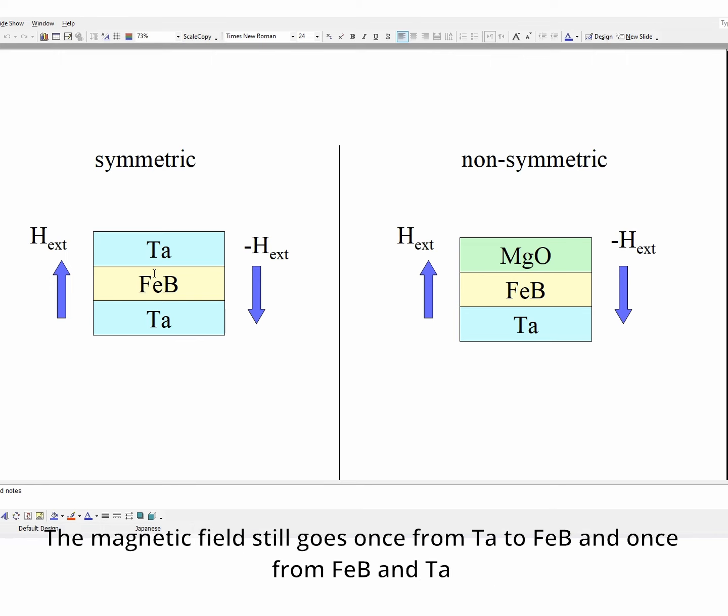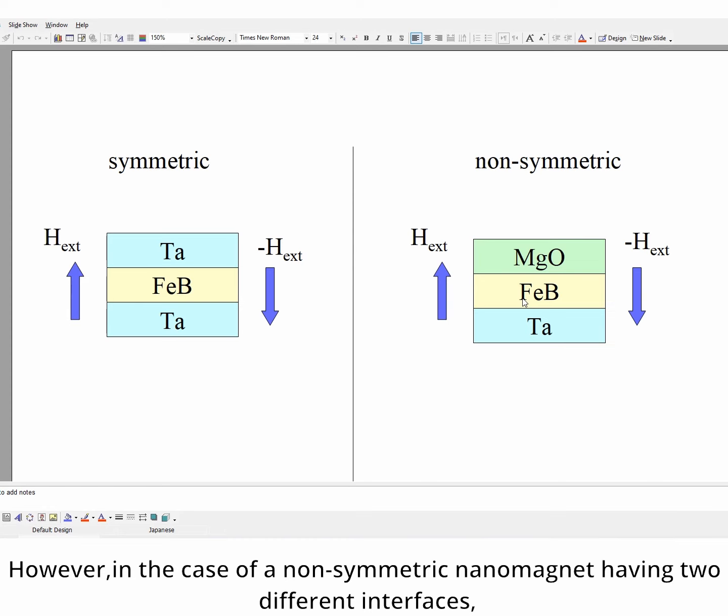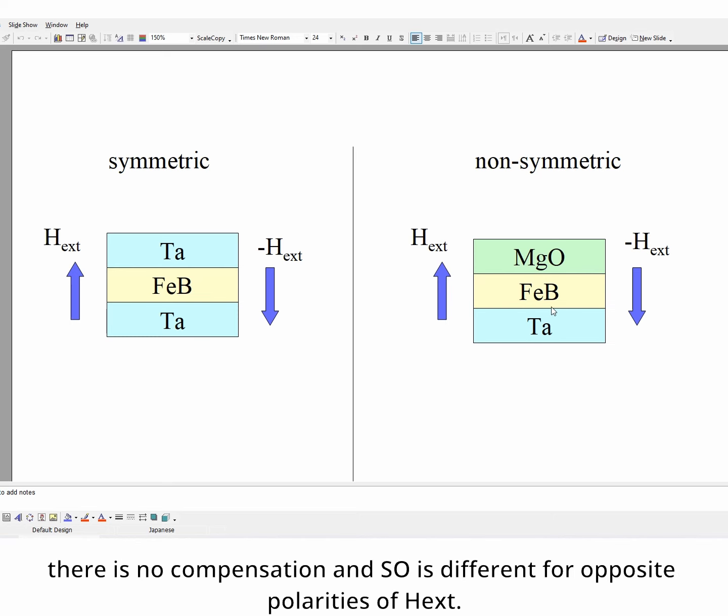The magnetic field still goes once from tantalum to iron-boron and once from iron-boron to tantalum. However, in the case of a non-symmetric nanomagnet, having two different interfaces, there is no such compensation, and spin-orbit interaction is different for opposite polarities of the external magnetic field.